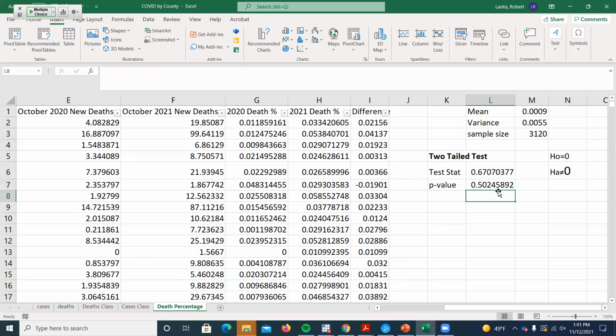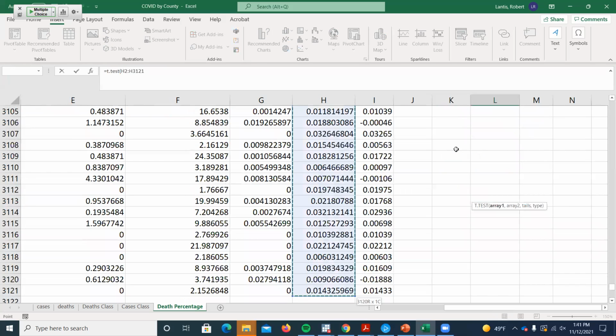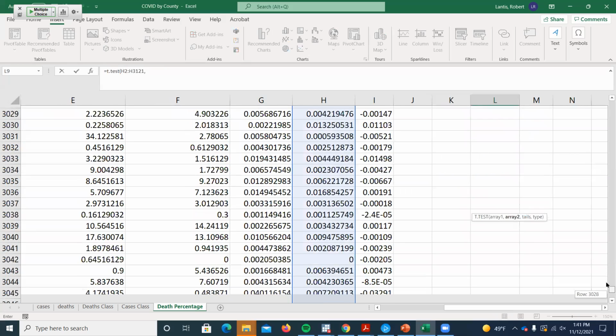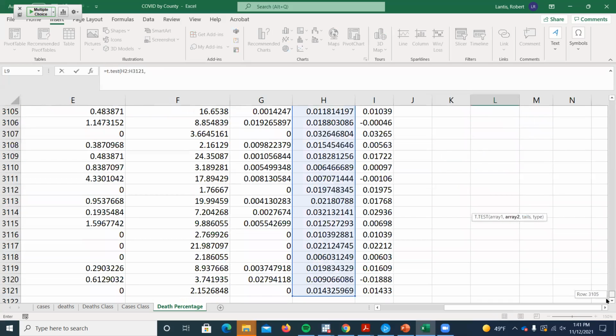So I'll show you that shortcut as well that we could use here, because it's going to be a little bit different. So if I instead use this, I don't think I had these in that complete file. I'll get those added in. So I can use that t.test, select my 2021 deaths, comma, go back up here. And actually, one thing you could always do is just type it into this formula.